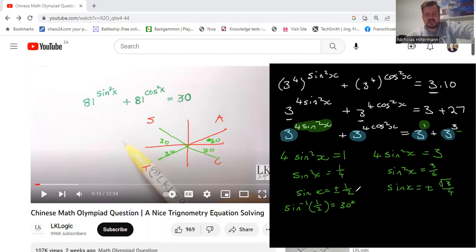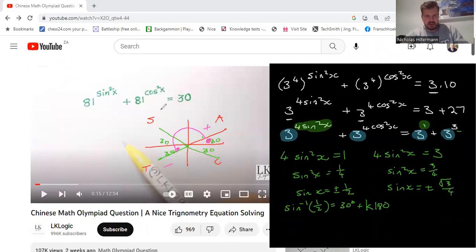So now normally I would say 30 degrees plus k360, but of course I could just actually say plus k180. And the reason is because if I go another 180 degrees, it just gives me that one as well. So it also gives me this, the positive and the negative one over here, the k180. So rather than do all four, I'm just going to kill two birds with one stone there.